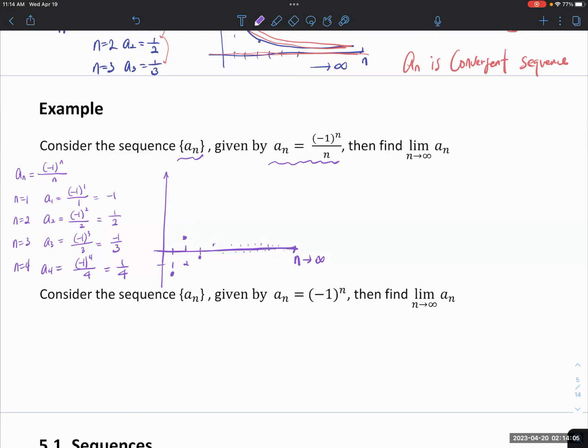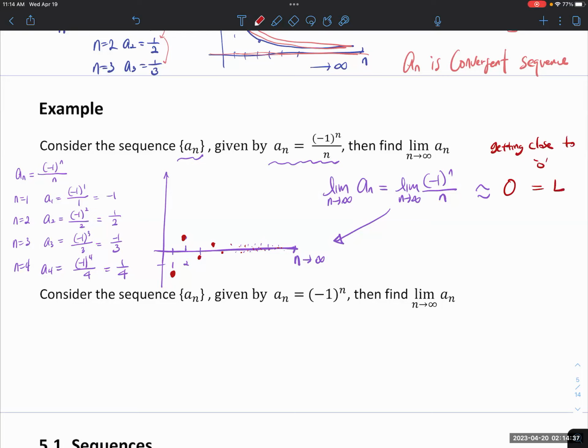But I'm going to rewrite it. The limit as n approaches infinity of an, so we have an equal to (-1)^n over n. So we found out in the graph, as I mentioned, negative, positive, but they're getting smaller, closing the gap, getting close to 0.